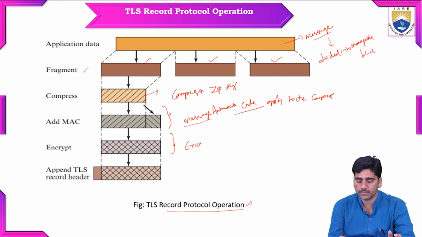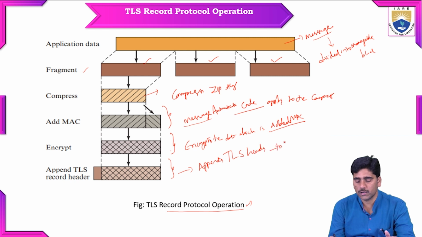So the data which has the MAC added is going to be encrypted for the next level. After that, a TLS header is appended to the data. After adding that header, it should be delivered to the next layer.